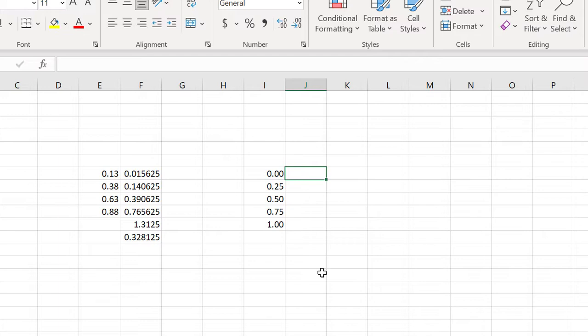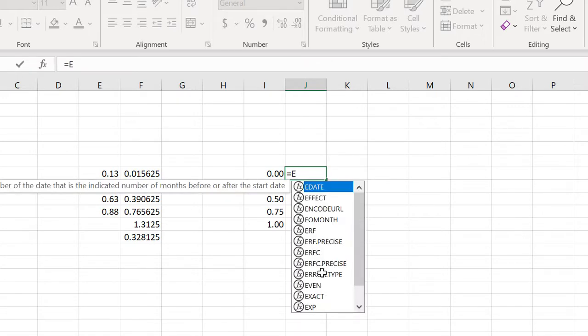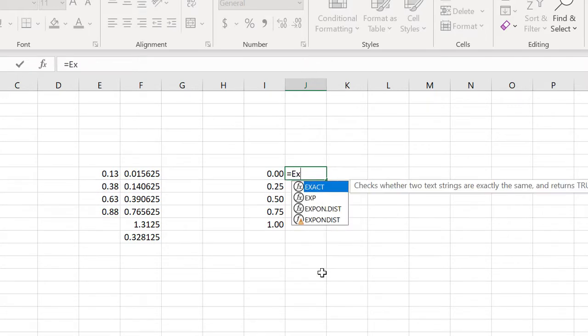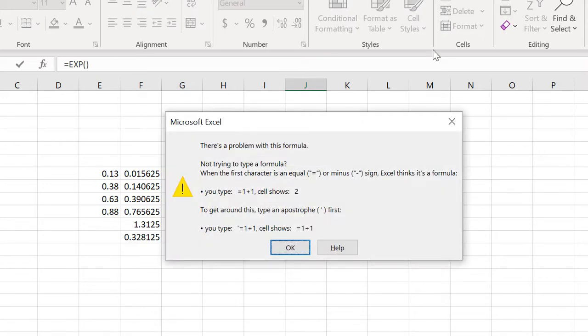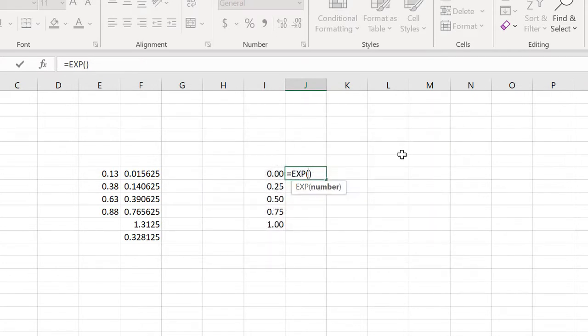and then we have, for our formula, equals EXP is, I believe how you have to enter it. So you see when you're in Excel, it'll explain what each function is. That's nice. Okay, so EXP, it's going to be the exponent of our cell to the left, and then we need to square it.